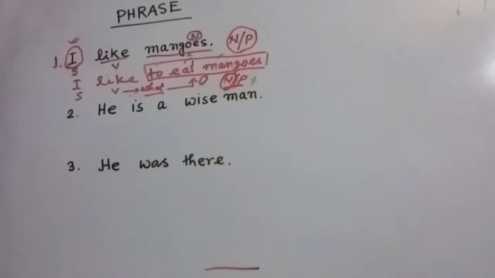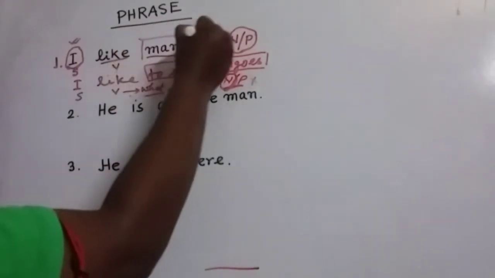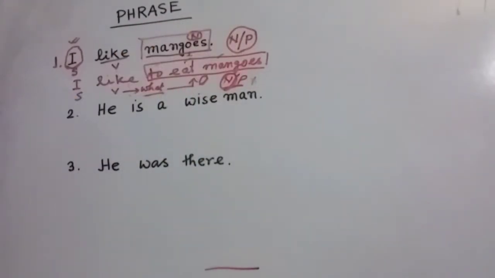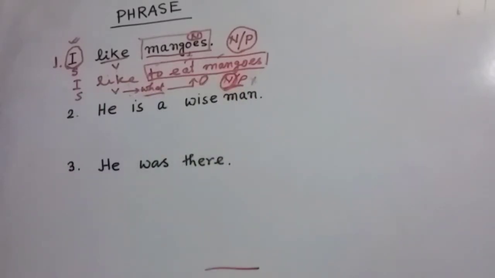But my dear friends, we have seen a noun is just a word. Whenever we have gone through parts of speech, there we have seen a noun is just a word. It may be a compound word, but you know it is not a compound word. There you can see three separate words: to, eat and mangoes.